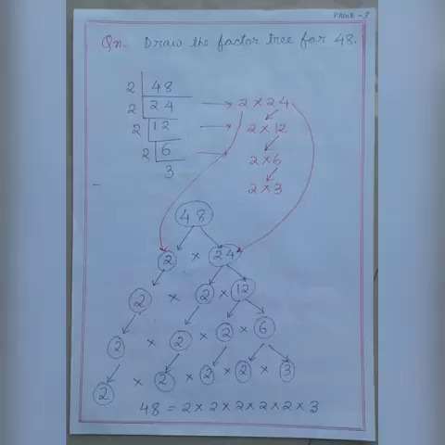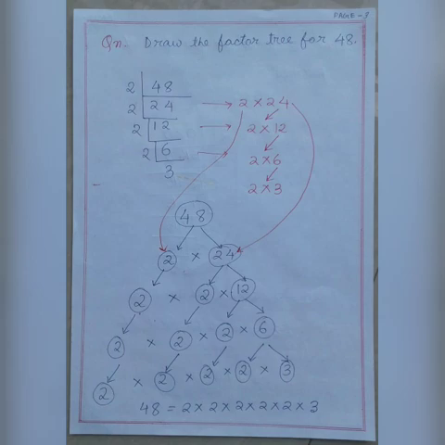Then draw the factor tree of 48. So 48 is divisible by 2 because the last digit is 8. If I divide 48 by 2, I get 24. That is, 48 is 2 into 24. If I divide 24 by 2, I get 12.